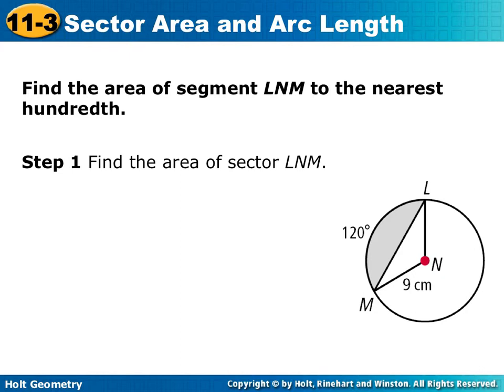What measurement do I know? I know this is 9, the radius. So I know the hypotenuse. This is why you review the 30, 60, 90 at the beginning of class. The hypotenuse is 9. What's the short leg? 4.5. And what's the long leg?